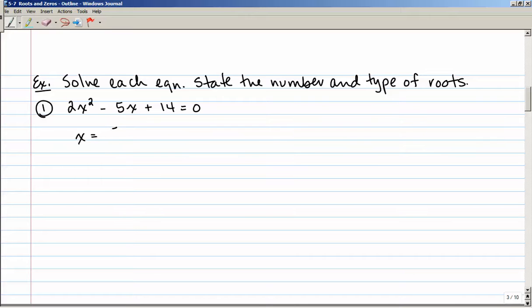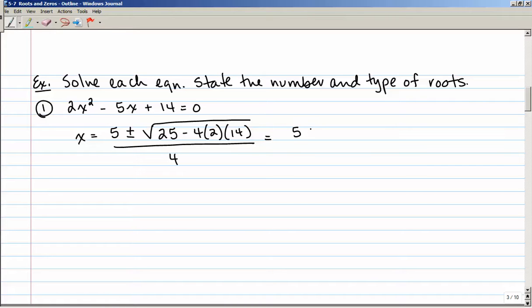So x is equal to -b plus or minus the square root of b squared minus 4ac, all over 2a, or x equals 5 plus or minus the square root of -87 over 4, and 87 might be factorable, but I don't think there's anything that's going to be able to come out of there.